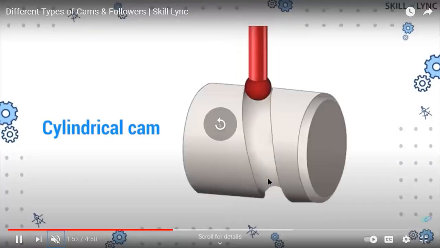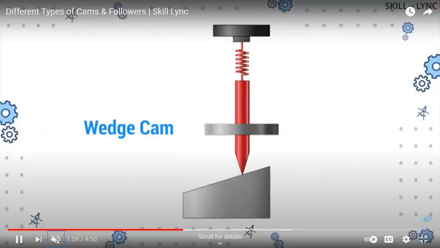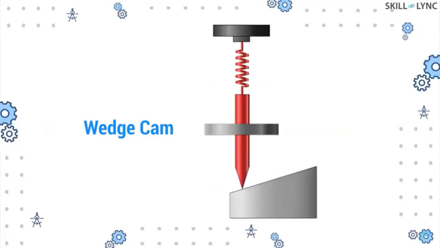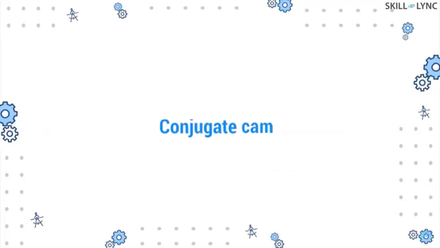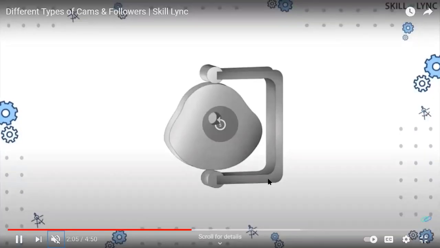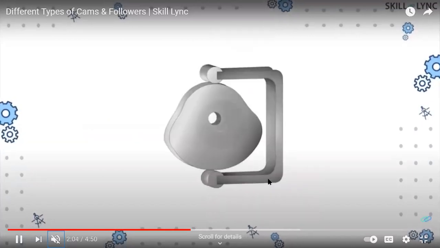Next one is the wedge cam. It has a slant edge facing in its path. Next one is the conjugate cam.